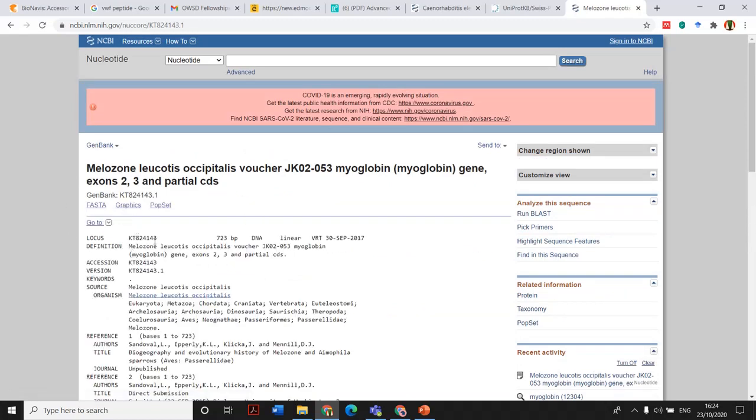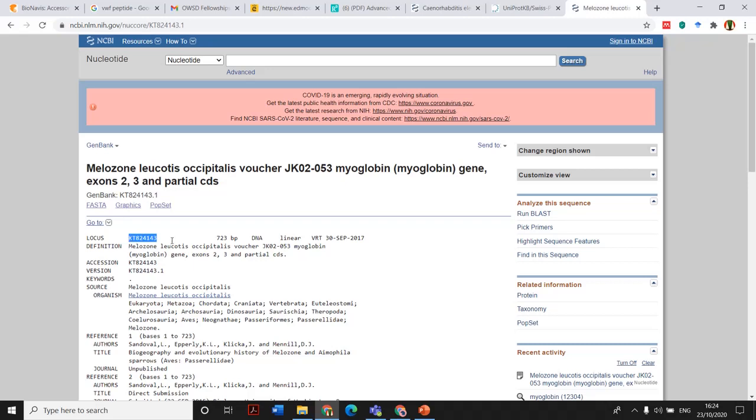Okay, and here the first one is the first two lines. It has a lot of data. Since I looked at nucleotide, it's giving me the nucleotide information. It's linear, it's not circular. 723 base pairs. It's a DNA, it's not an RNA, and it's called melosome leukotype occipitalis voucher myoglobin, and this is an important number.